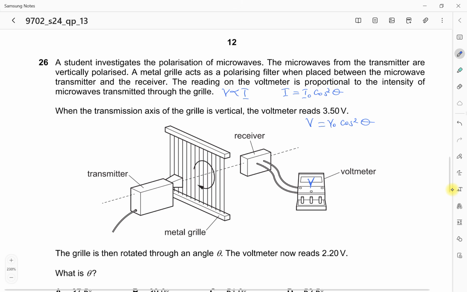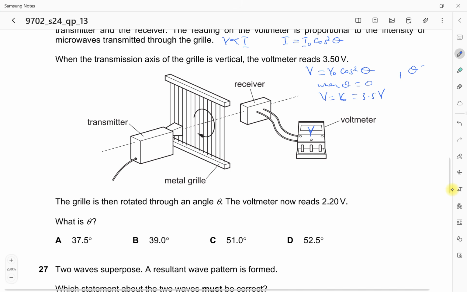When the transmission axis of the grid is vertical, the voltmeter reads 3.50. When it is vertical, theta is 0. So when theta equals 0, V equals V naught, which is equal to 3.5 volts. The grid is then rotated through an angle theta.